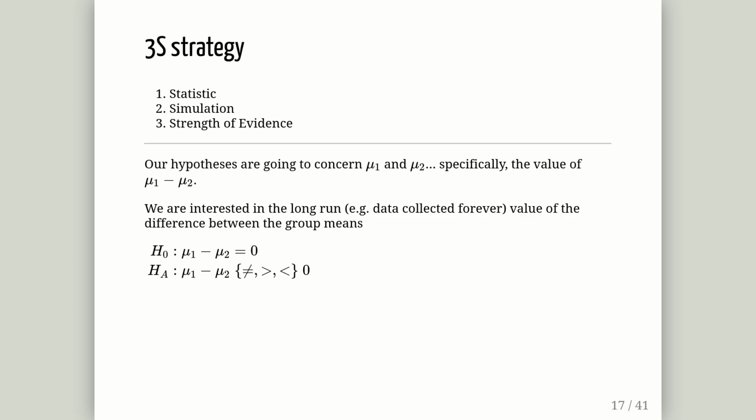That is basically the same as in Chapter 5, except that there we had pi1 minus pi2 and we were working with proportions. Now we have mu1 minus mu2, and we're working with group means. But more or less the same difference.